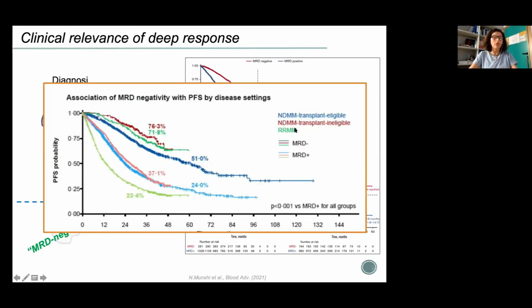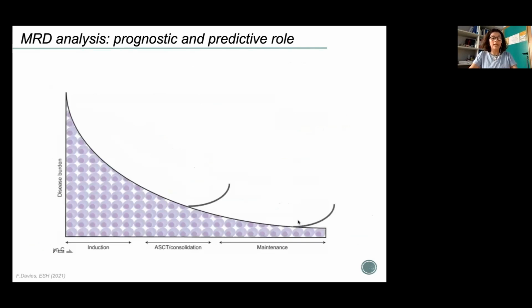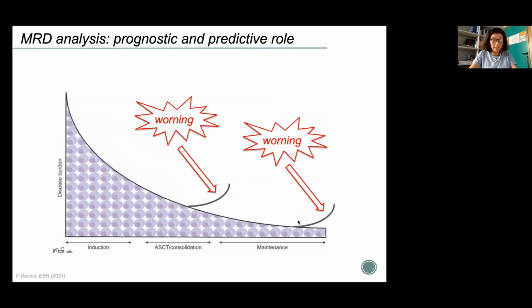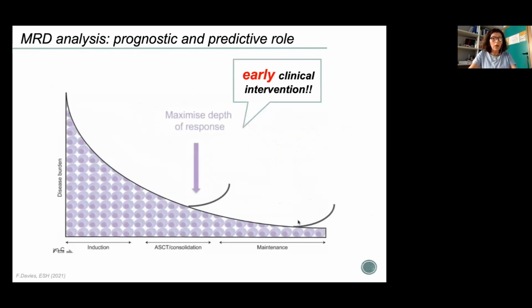For instance, for newly diagnosed patients, transplant eligible or transplant ineligible, for relapsed patients, and also for patients carrying high-risk genomic features. Residual disease results are not only prognostic factors, but might help in predicting disease recurrence, thus potentially allowing early clinical intervention aimed at containing the neoplastic clone re-expansion.